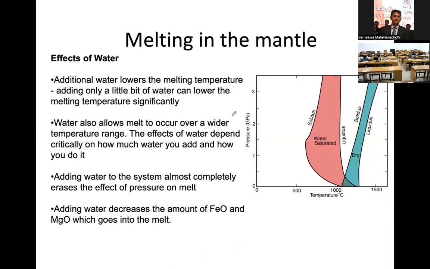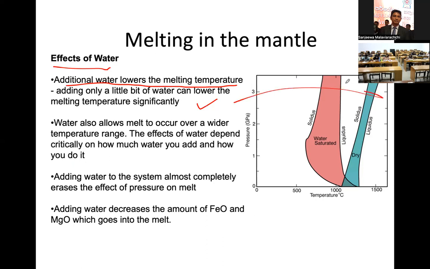As we discussed before, the effect of water is significant during this melting process, whatever the mechanism, I mean, batch melting or equilibrium melting. Because we know additional water lowers the melting temperature. So adding a little bit of water can lower the melting temperature significantly.